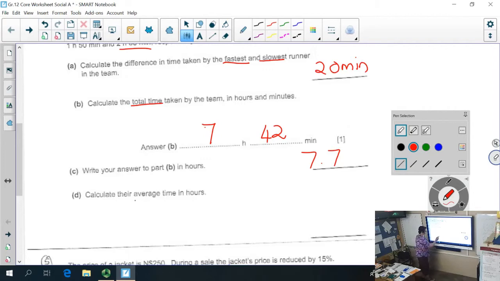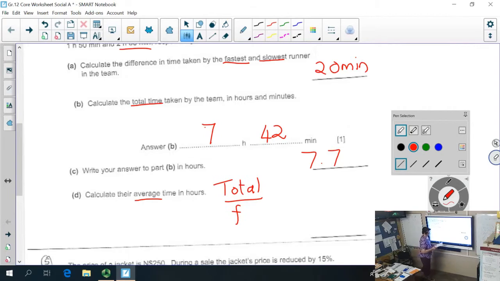And now they say the average time. So what is average? Total divided by frequency. So that means we're going to add all, here we have it already, the time, isn't it? And we divide it by the 4 athletes.